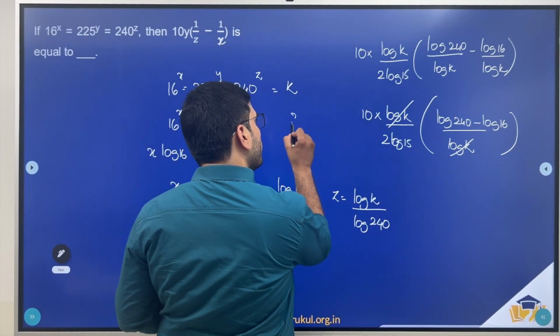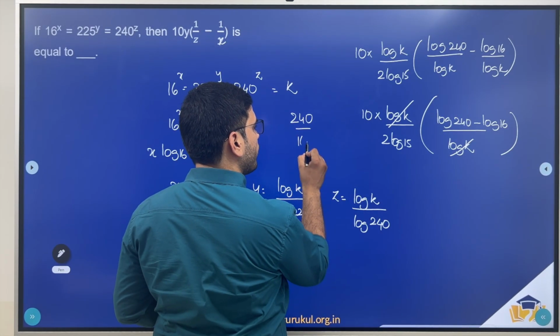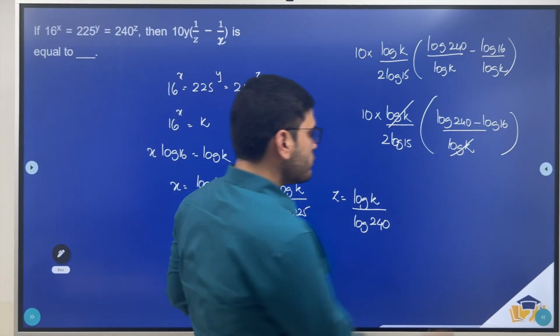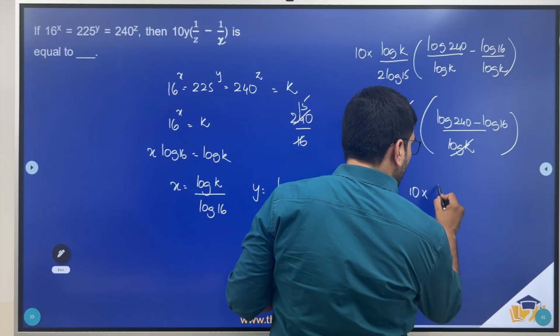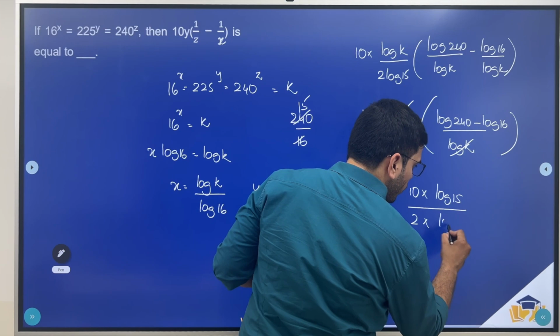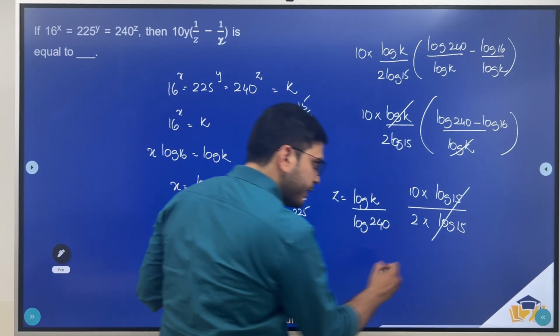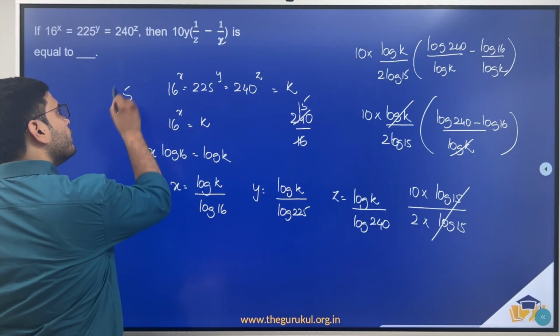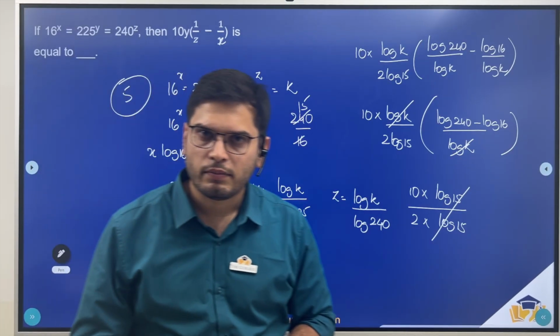Now what is 240 by 16? 15, right? So this becomes 10 into log 15 by 2 into log 15. Now these two will get cancelled and we will be left with 10 by 2, which is nothing but 5, and that should be the answer to this question.